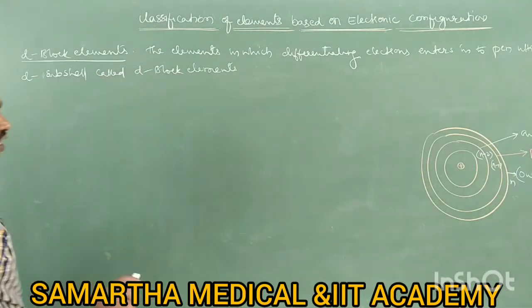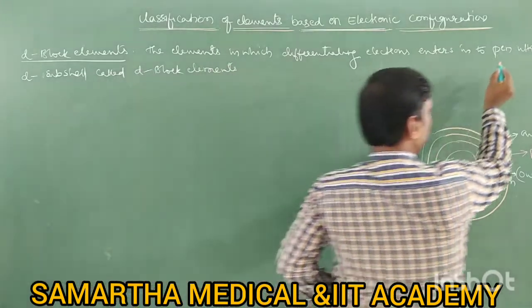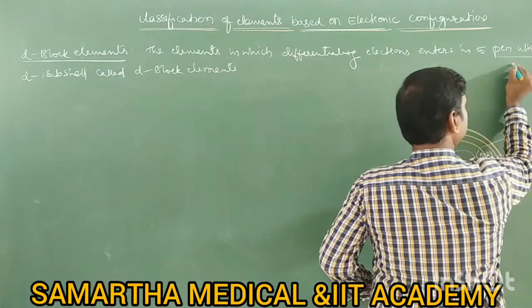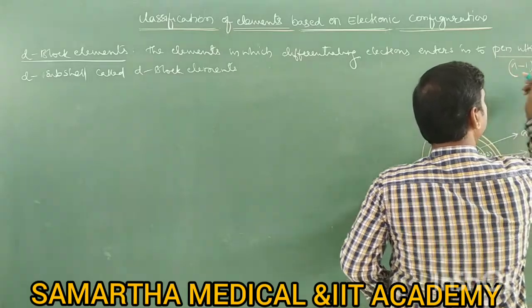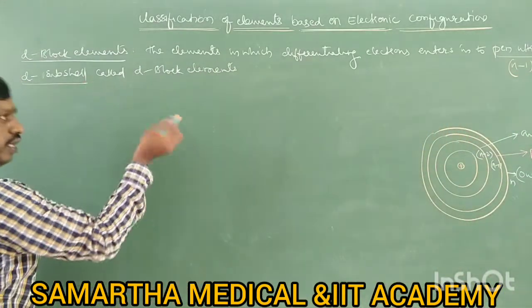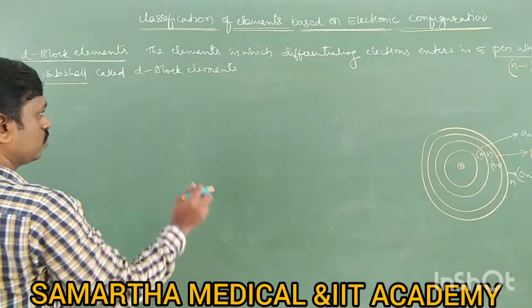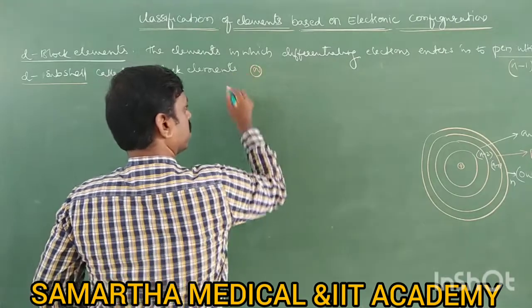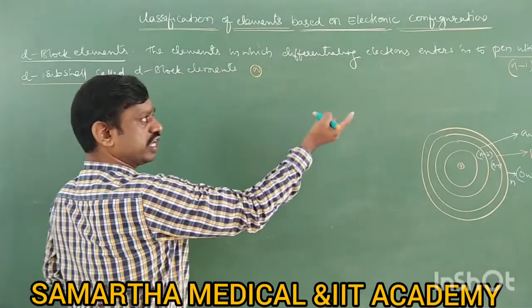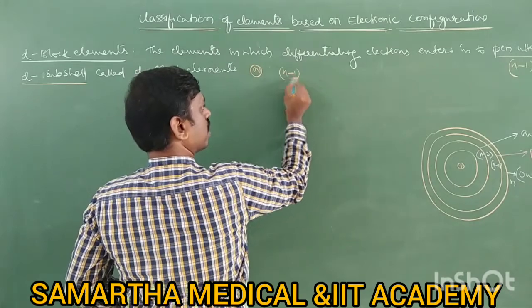Now come to the definition. The elements in which the differentiating electron enters into the penultimate, meaning n minus 1, d subshell.